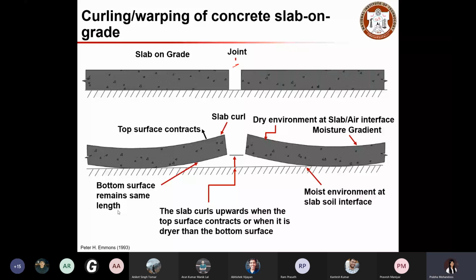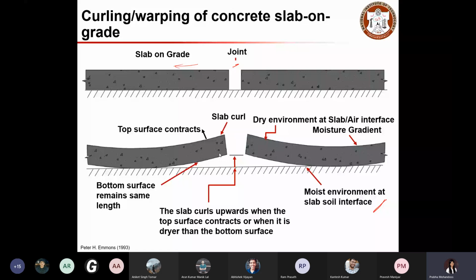So warping happens upward, the slab curls upward when the top surface contracts, whereas your bottom surface remains moist. Or you can put it another way, your top is drier than the bottom surface, so that tries to contract, whereas your bottom remains the same length and tends to move upward. So we call it curling in the upward direction. This is the case when you have a dry environment at the slab-soil interface. Because of that moisture gradient, you experience such curling or warping issues of your concrete slab on grade.